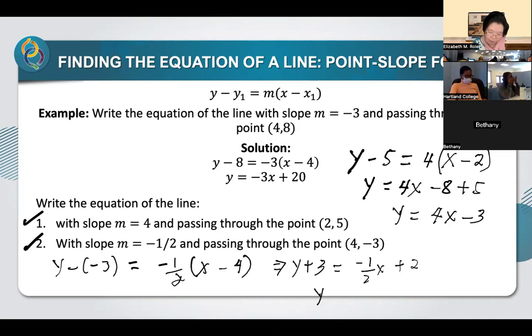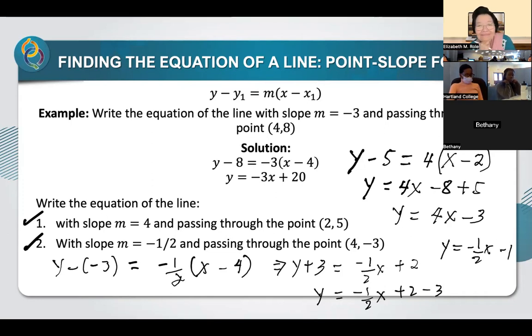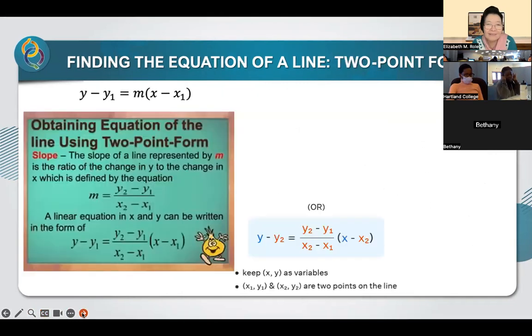So you now have y is equal to minus 1/2 x plus 2 minus 3. Finally, you get y is equal to minus 1/2 x minus 1. Okay. So that's just substituting, like you're substituting the values of x and y and those kinds of things.